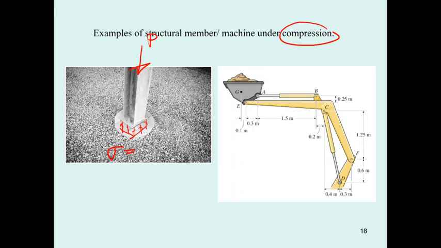If this is P, it's going to be P divided by the area of the column. You can compute the area of the column easily.